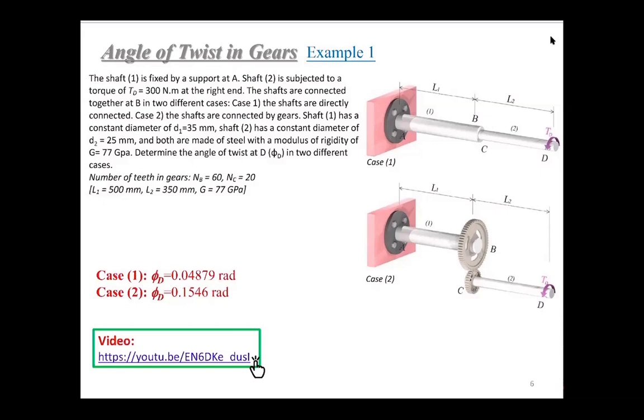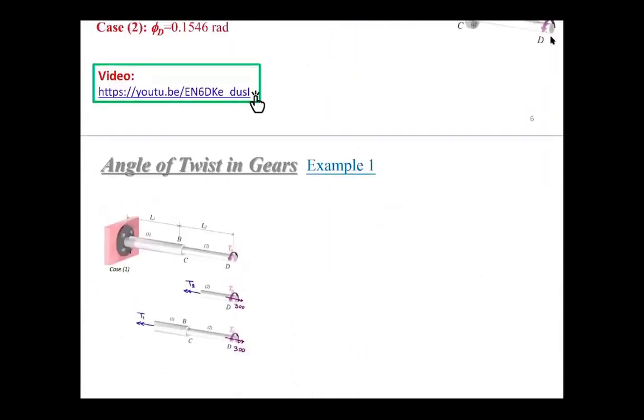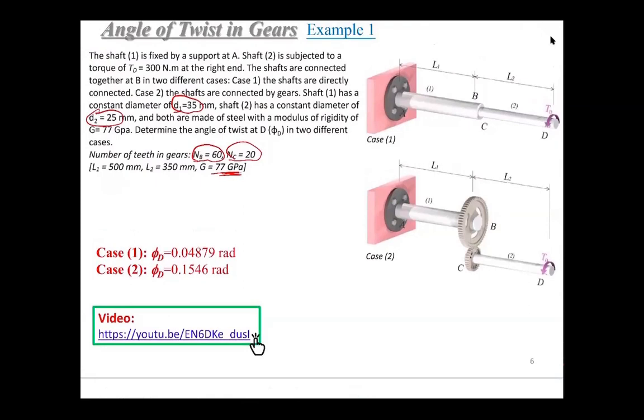Then the other conditions we have introduced: diameter 1 is 35, diameter 2 is 25, and the teeth numbers have been given, NB is 60 and NC is 20. Lengths L1 and L2 have been given, and the shear modulus has been given. So let's see how to solve phi D in two cases.